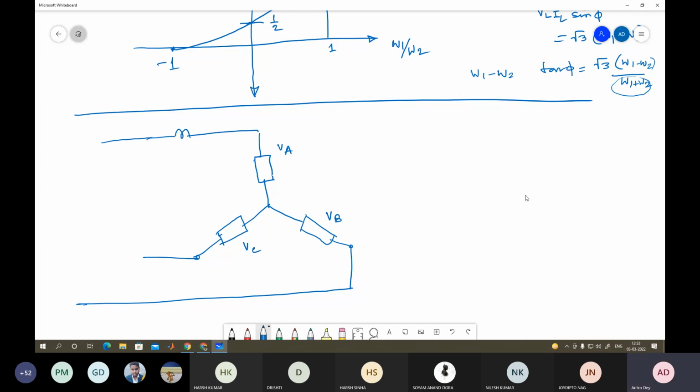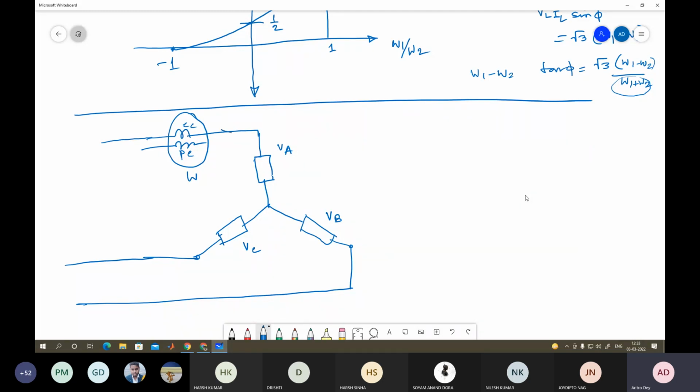This is the current coil of the wattmeter. This is the pressure coil of the wattmeter. So only one wattmeter W you are using, and your current coil is connected in series with this terminal.